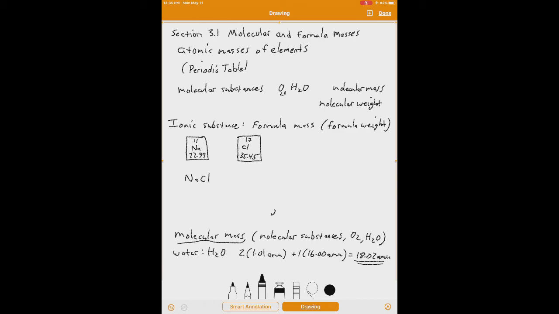It has a metal with a nonmetal. So we would ask what's its formula mass. Again, you might see formula weight as an older term. Same idea. There's 1 sodium, so 1 times 22.99 AMU. The units are the same. There's 1 chlorine, so 1 times 35.45 AMU. That's going to give you 58.44 AMU. That would be the formula mass of sodium chloride. We wouldn't call it the molecular mass because it's an ionic compound, but it is essentially the same idea. Try practice problems and checkpoints for these.